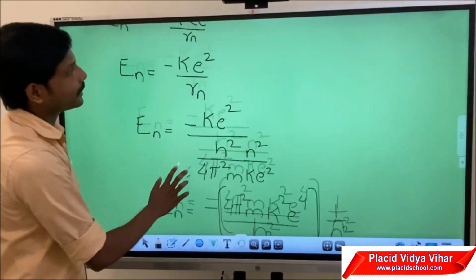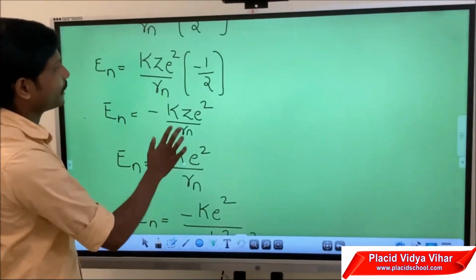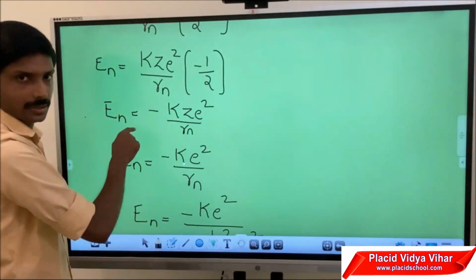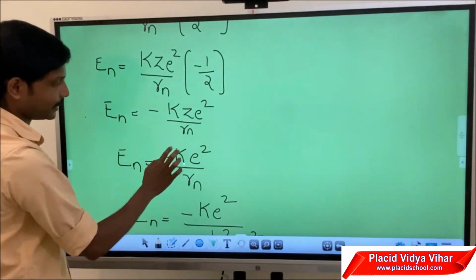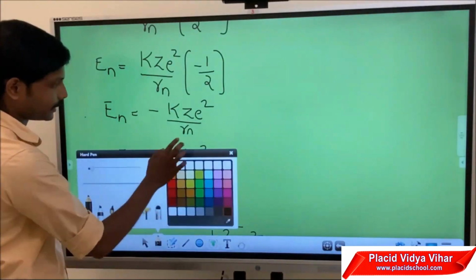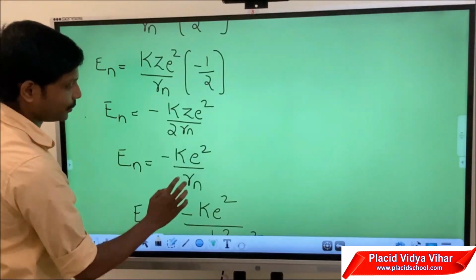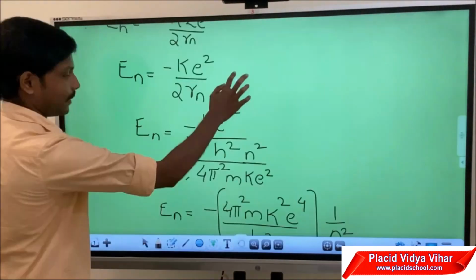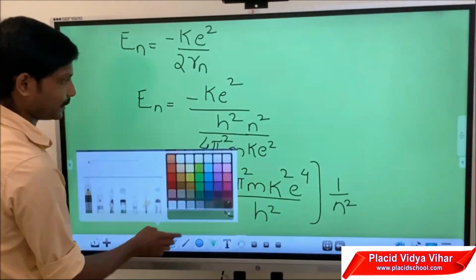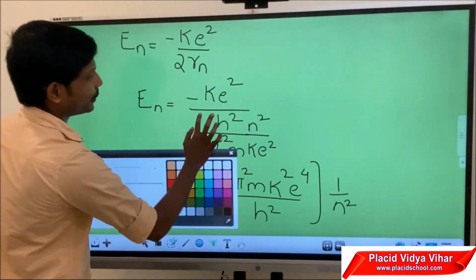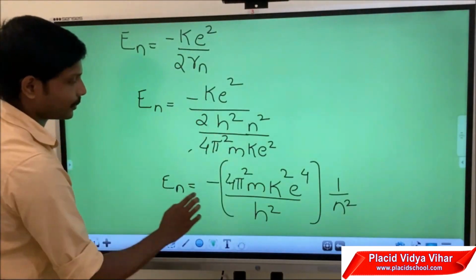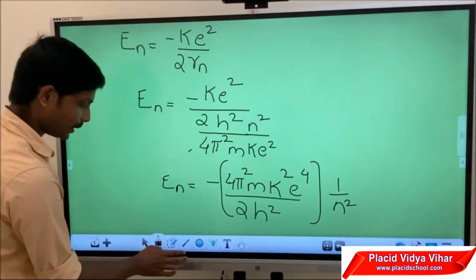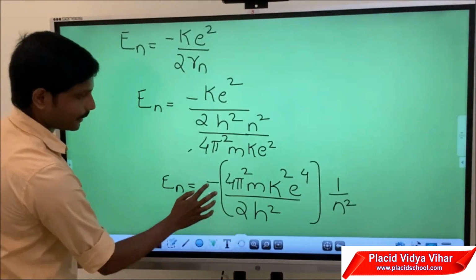There is a small correction in the expression for total energy. We are left with half here, but that was not placed here. So let us replace the value of 2. The 2 was not placed here, so here also there will be a 2. What will happen to the total energy?